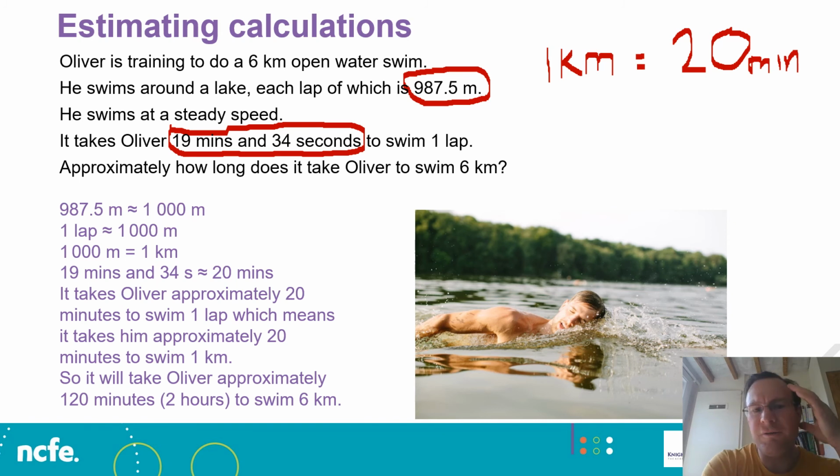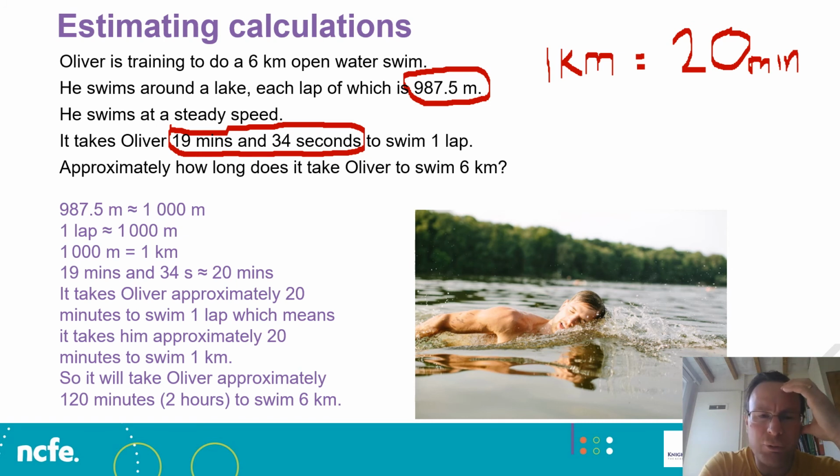So here's our full calculations. 987 meters, or 987.5, is close to a kilometer. One lap is about a kilometer. And 19 minutes and 34 seconds is approximated to 20 minutes.